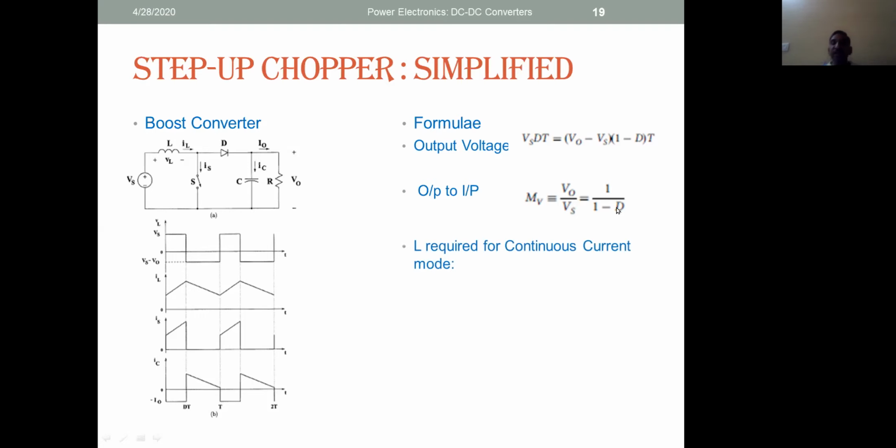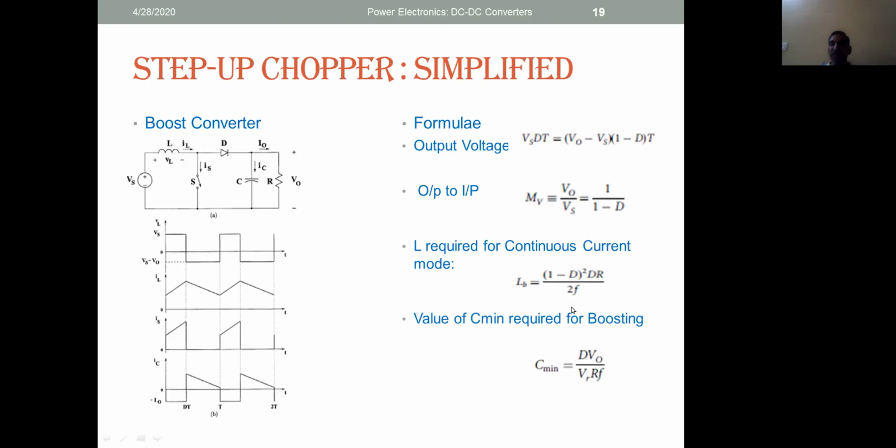But a heavy inductor is required in this case to sustain and supply the continuous current to the load, as well as to store energy during the switch on period. So the value of inductor required is (1 minus D) square into D into R by twice the switching frequency.